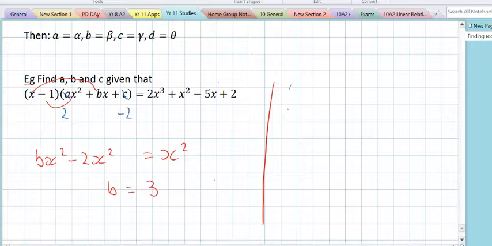And now we can try the same using the single term of x. We get the single term of x by doing 1 lot of bx, minus 1 lot of bx, and c lots of x.